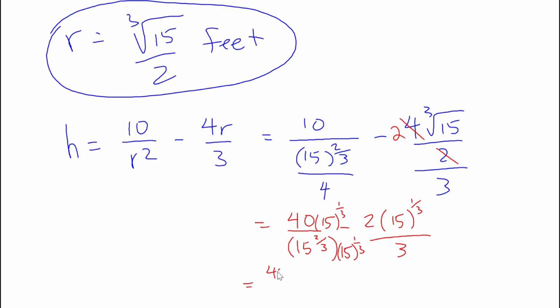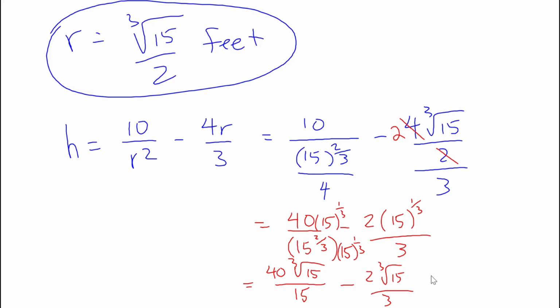So we'll have 40 cube roots of 15 over 15 minus 2 cube roots of 15 over 3. We can simplify that 40 over 15. Those both divide by 5.